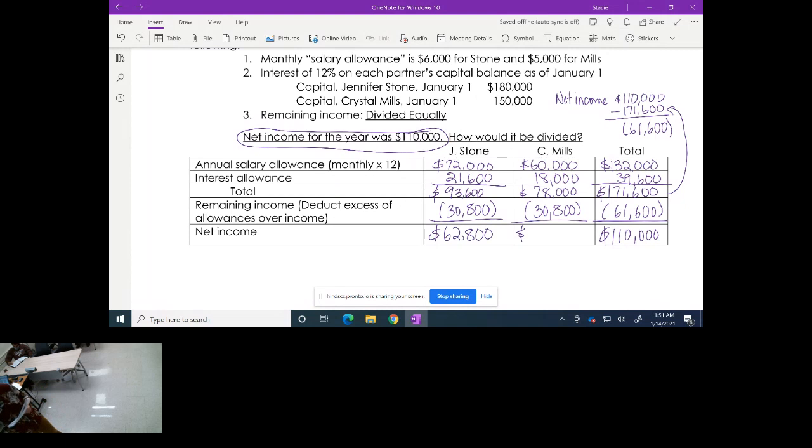And Mills is 47.2. And again, just make sure your math works. If it doesn't work, you've done something wrong somewhere. A lot of times it's the remaining income that confuses everybody. It's like, how do we get that account number?